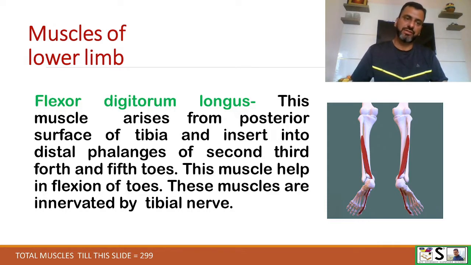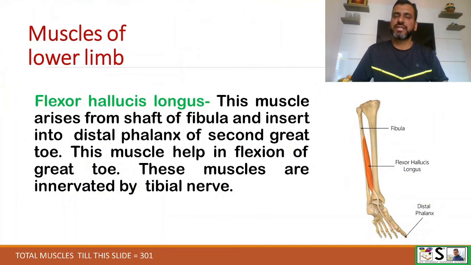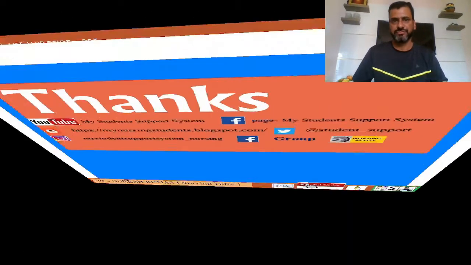This muscle helps in flexion of the toes, and these muscles are innervated by tibial nerve. Flexor hallucis longus. This muscle arises from shaft of fibula and inserts into distal phalanx of great toe. This muscle helps in flexion of great toe, and this muscle is innervated by tibial nerve.